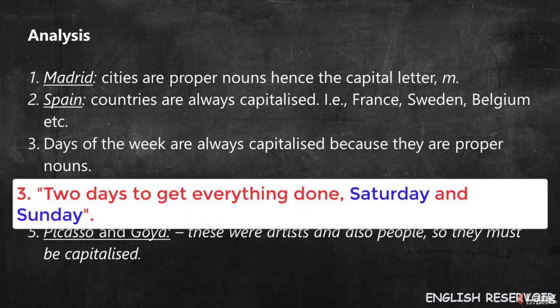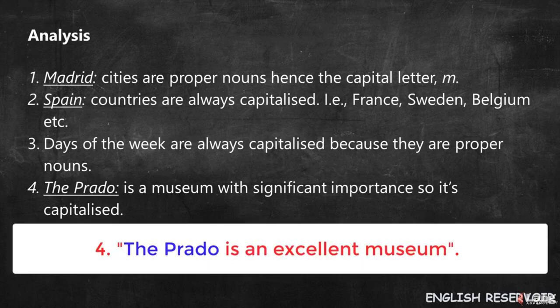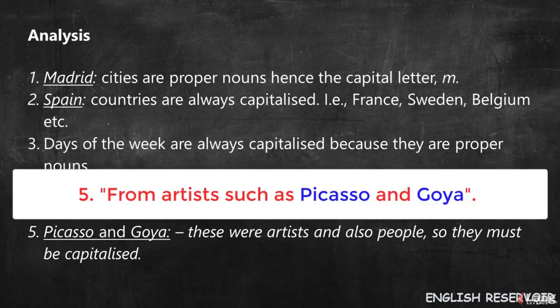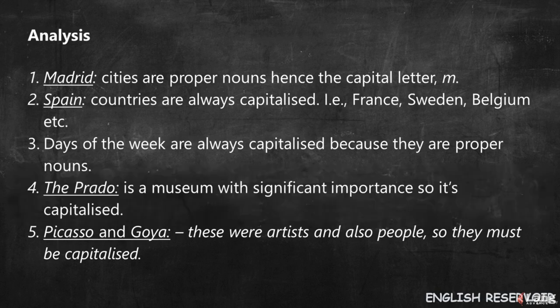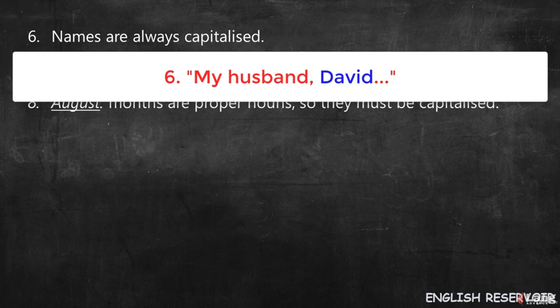Days of the week are always capitalized because they are proper nouns. 4. The Prado is a museum with significant importance, so it's capitalized. 5. Picasso and Goya. These were artists and also people, so they must be capitalized. 6. Names are always capitalized.